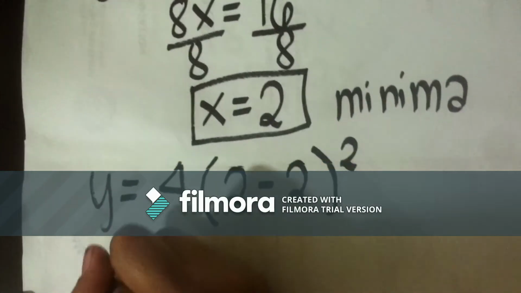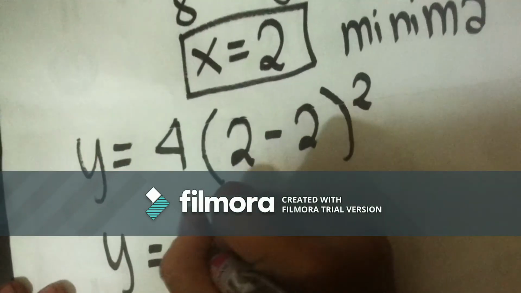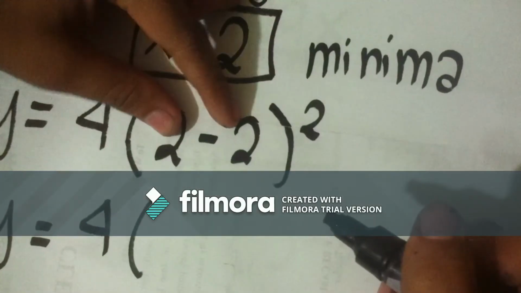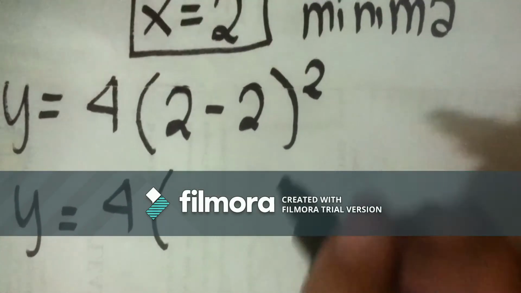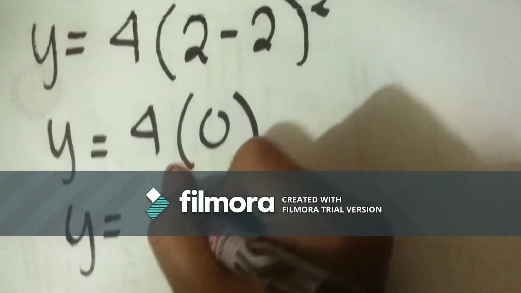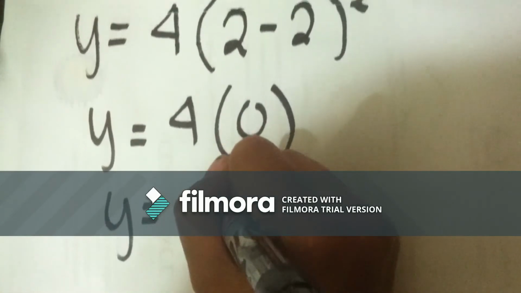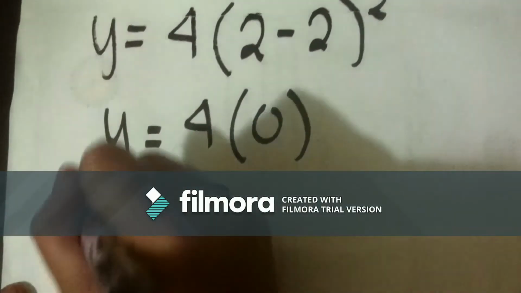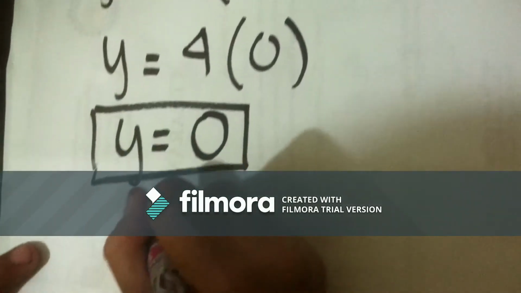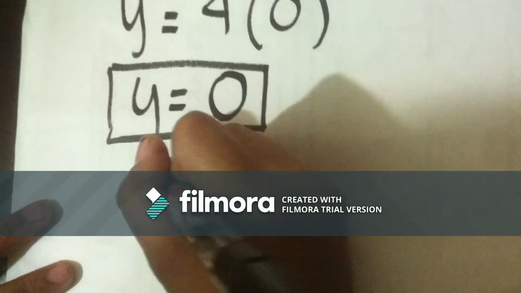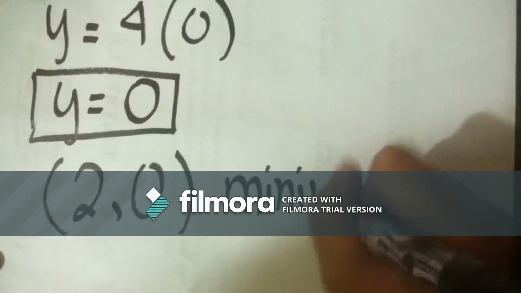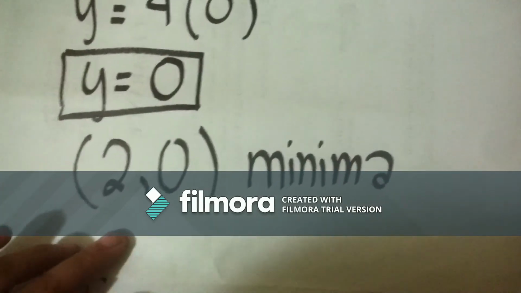So y is equal to 4 times 2 minus 2, which is 0, times 2, of course 0. So our y will also be 0. So we already have our value of y. So our coordinates will be (2, 0), and it is a minima given that our x here is positive.